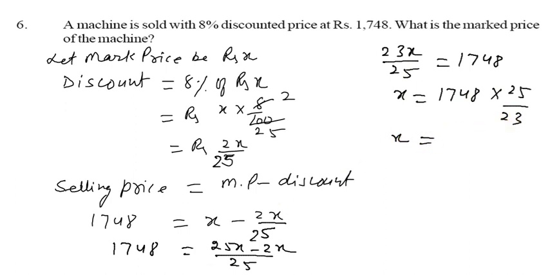So what will be? Now we divide by 23, so it becomes 76, and it is 76 into 25, and after multiplying we get 1900.